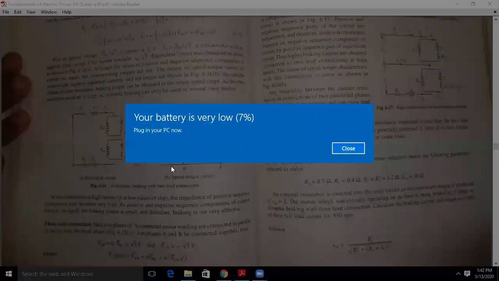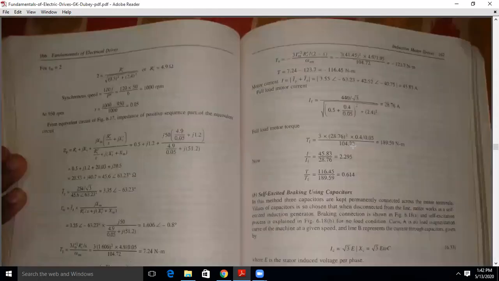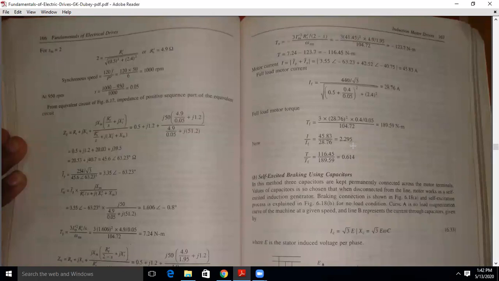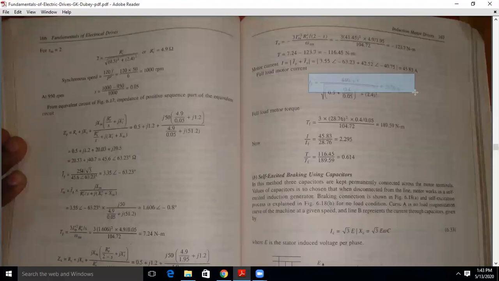We are having the positive sequence and the negative sequence components. The same way we need to resolve here. So in order to have that particular braking current, whatever we are finally getting here. So this is, let us say, the braking current IF. So in order to have that particular IF, this is the basic.